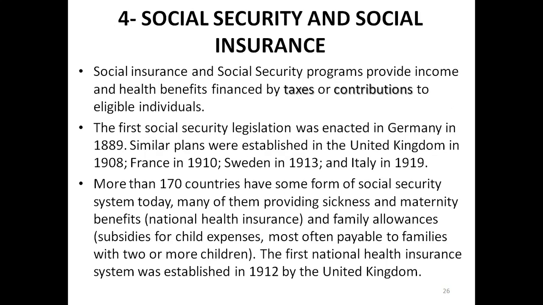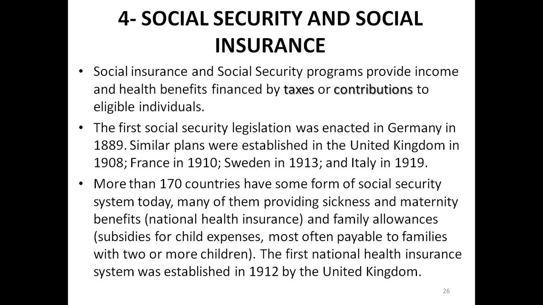Let us look at social security and social insurance. Social insurance and social security programs provide income and health benefits financed by tax or contribution to the eligible individual. The first Social Security legislation was enacted in Germany in 1889. Similar plans were established in the United Kingdom in 1908, France in 1910, Sweden in 1930, and Italy in 1919.